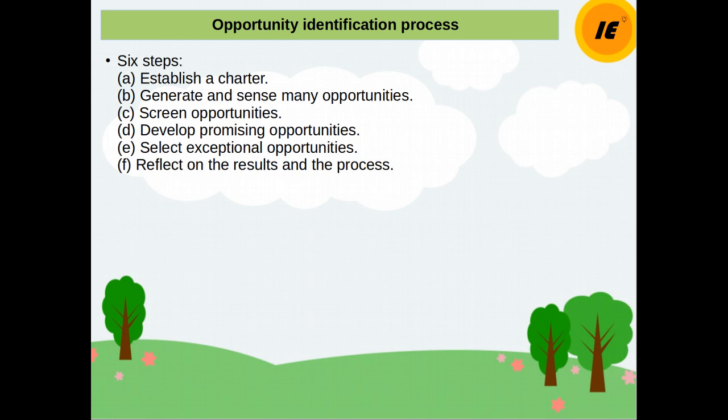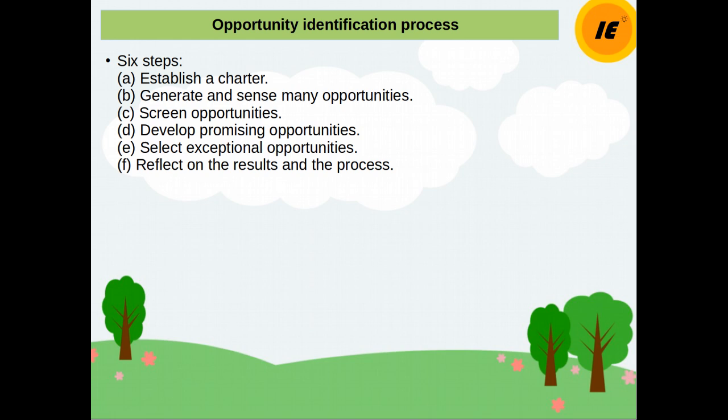Now we come to the main portion of this particular video, where we'll understand the structured process one can follow for opportunity identification. From an outlook it looks like just a bunch of discussion among the relevant persons in the corporation, but there is certainly some structure.